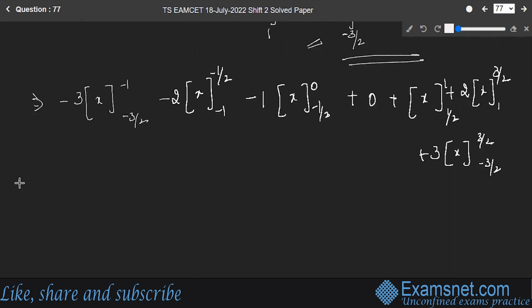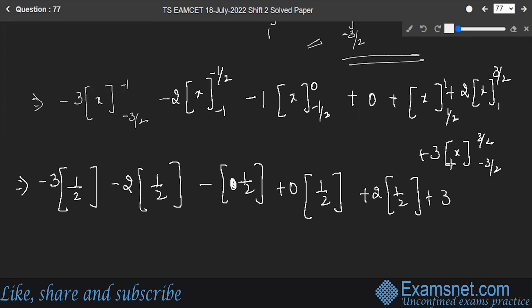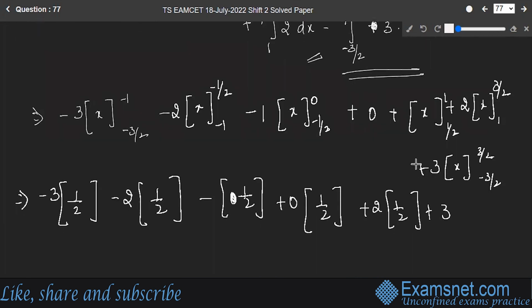So now this can be written as minus 3 times minus 1 plus 3 by 2. This is going to give me 1 by 2, minus 2 times minus 1 by 2 plus 1 is going to give me 1 by 2 again, minus 0 plus 1 by 2, that is equal to 1 by 2, plus 0, 1 minus 1 by 2, plus 2 times 3 by 2 minus 1, and then minus 3, sorry, it was minus 3, not plus.